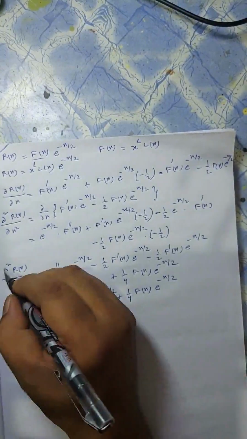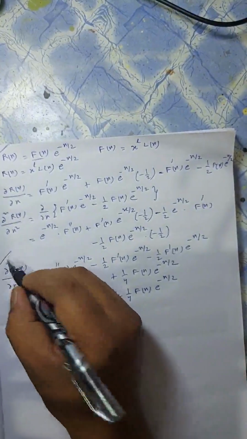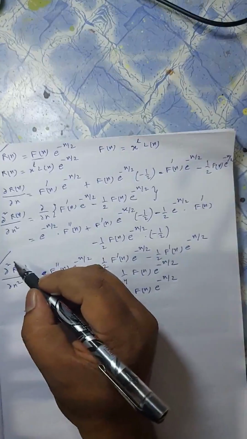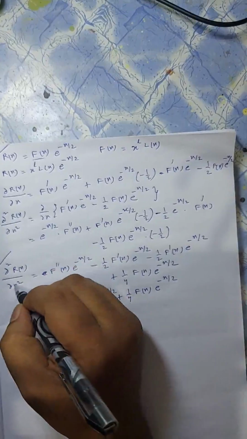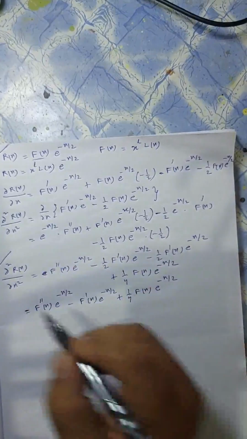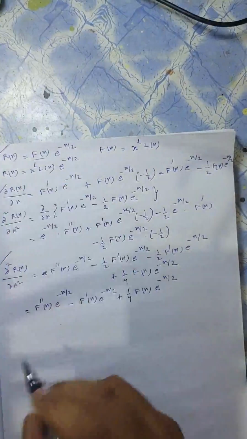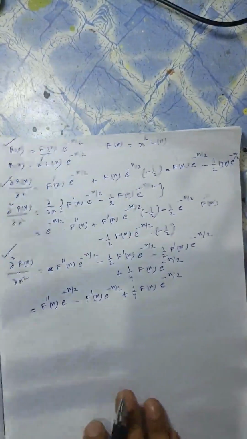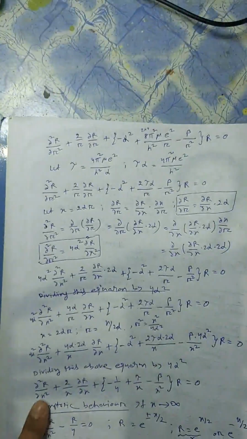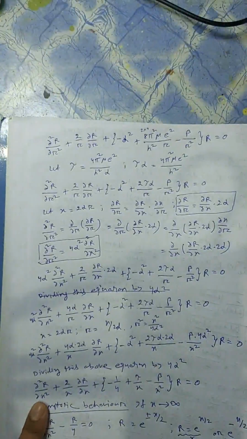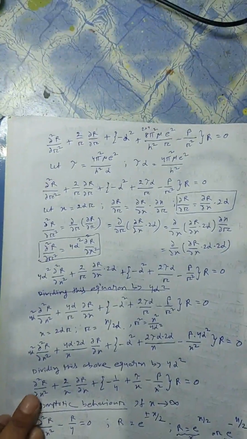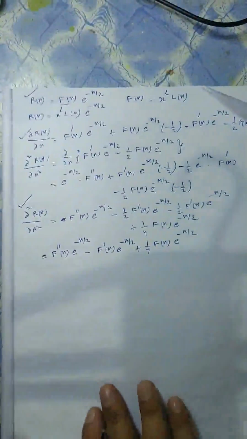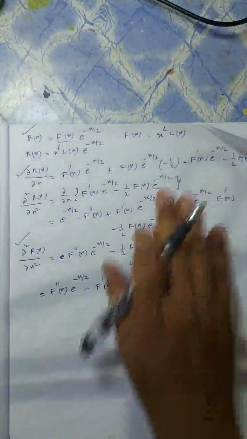Now whatever we did, we substitute this value, this dR/dx, and this one and this one, these three we have to substitute in this equation. Just like in the simple harmonic oscillator, after substituting in this equation, first we write the second derivative.